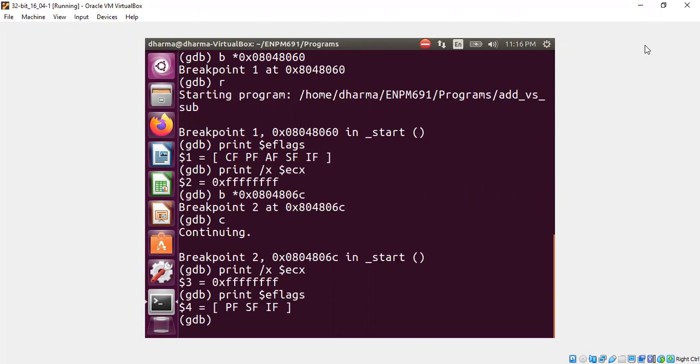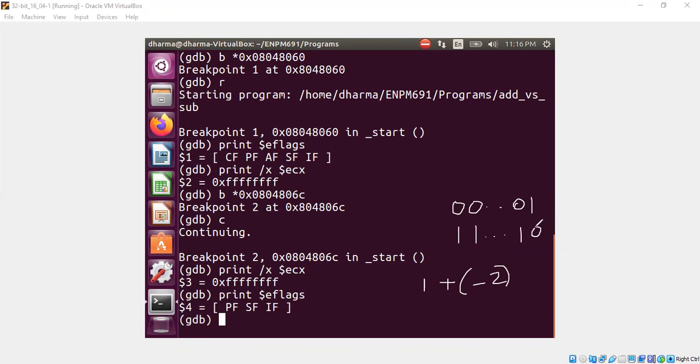So what is the reason the carry flag is not enabled when we do 1 plus -2? The reason is simple. Remember, -2, as I have shown in the assembly, is treated like a large positive number. 1 is nothing but 31 zeros and then a 1, right? -2 was represented as all ones and then a 0.